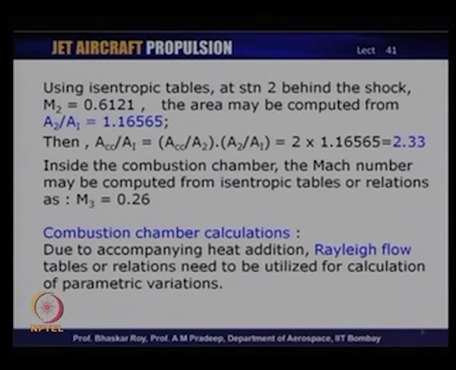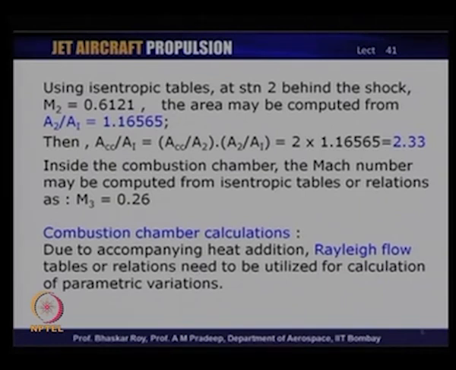Now, inside the combustion chamber, the Mach number may be computed from isentropic tables, that is before the combustion is initiated and before the combustion zone, and that comes out to be M3 equal to 0.26.